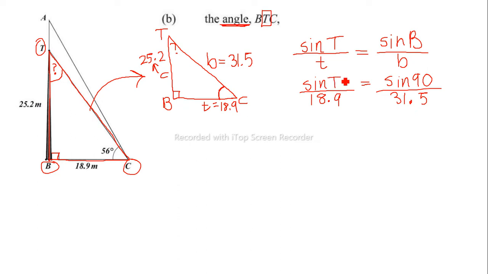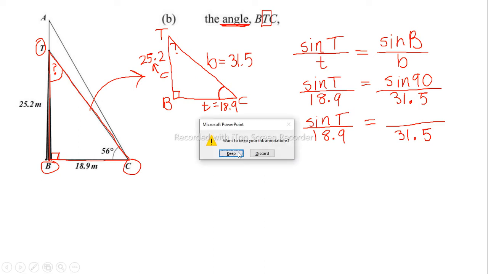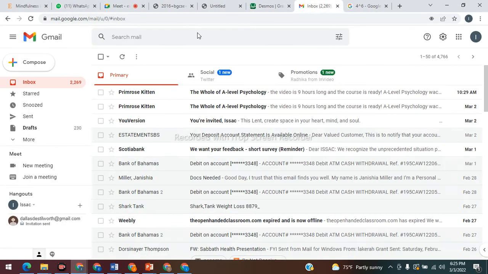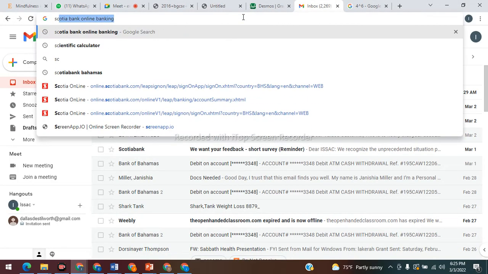Good. Well, what we could do now is figure out what sine of 90 is. We should know that by heart. Sine of 90 is 1. I can show you how we got that. Everyone should know sine of 90 degrees is 1. That's what you should memorize. So let's do it on the scientific calculator.